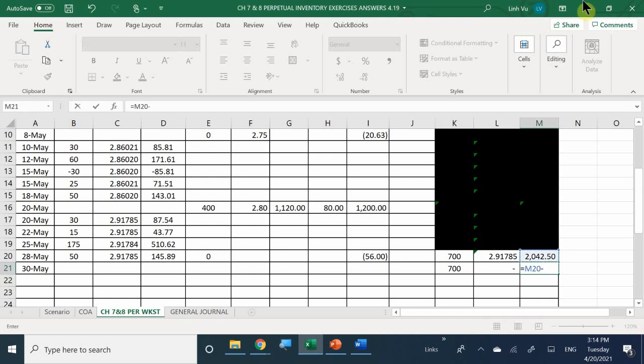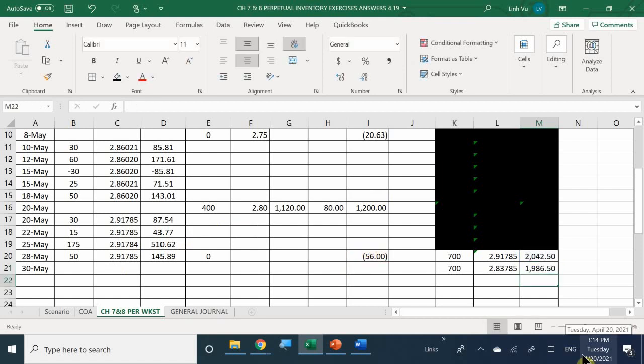Because now I took a discount of my $56 to bring me down from my $20.42.50 down to my $19.86.50, right? I took my $56 discount, so now my new cost per item has dropped drastically. It dropped down by almost what is that? $7. Okay.